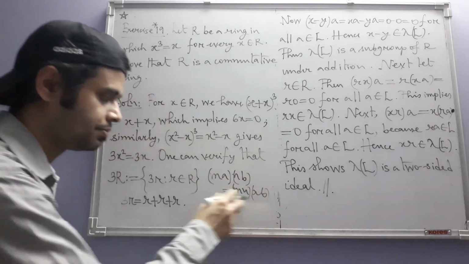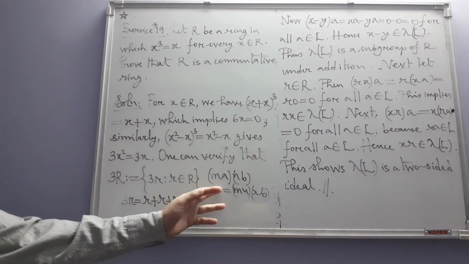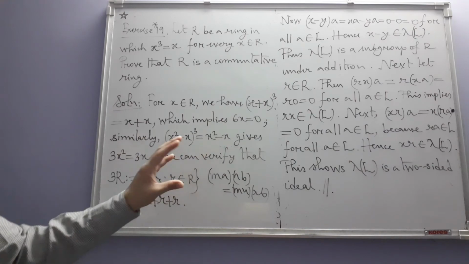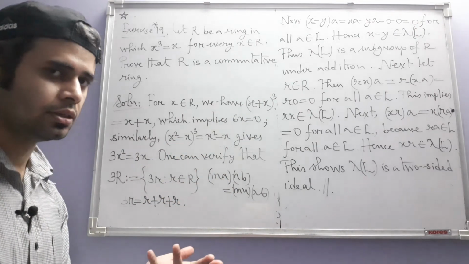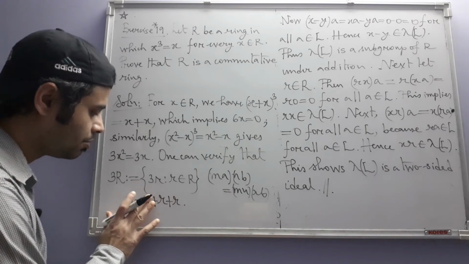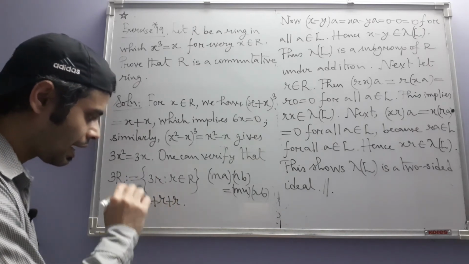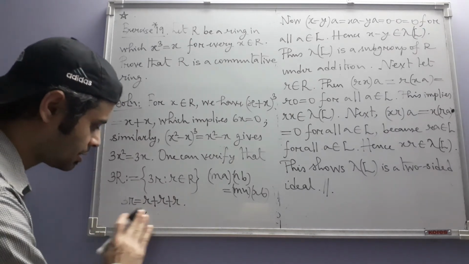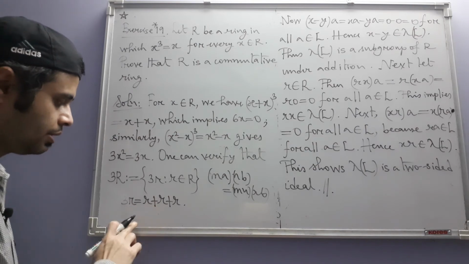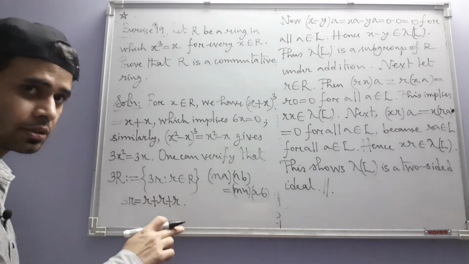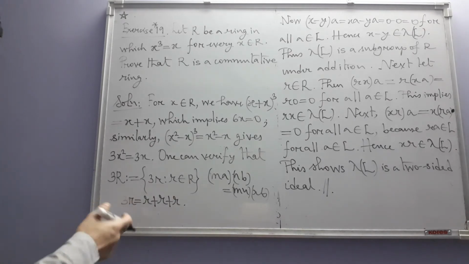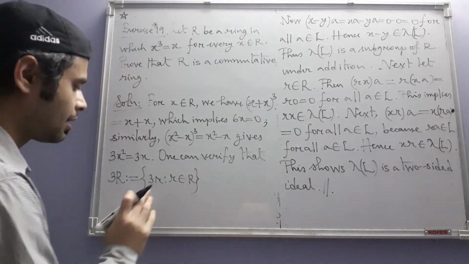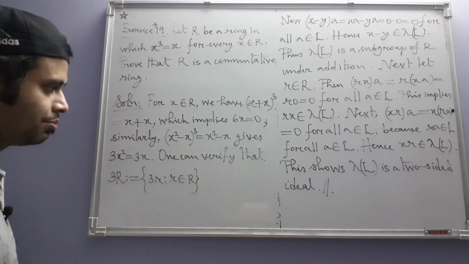There we discussed that ma actually comes from group theory. So in the additive group of the ring, this r plus r plus r is nothing but r cubed in general group theory. But since the operation is addition, instead of r operation r operation r, we have r plus r plus r, and that we are writing as 3r, right? So with this understanding, we understand what the set 3R means.